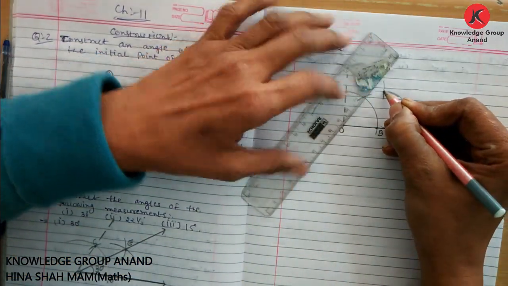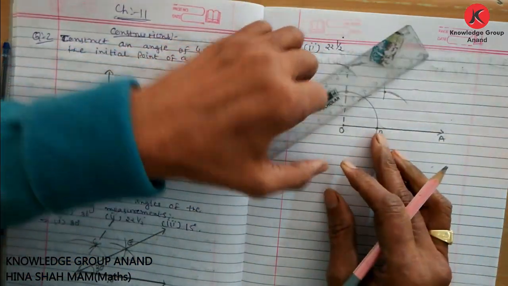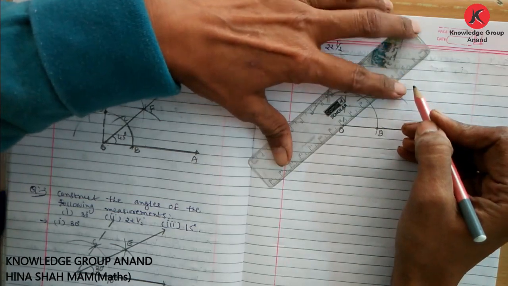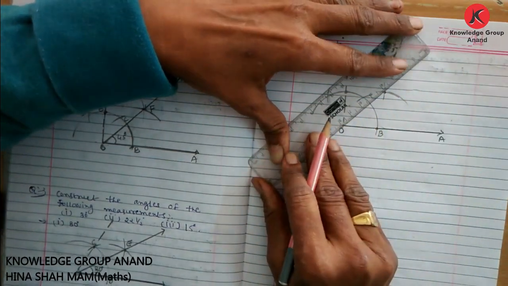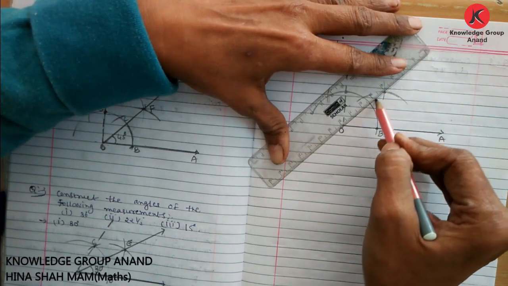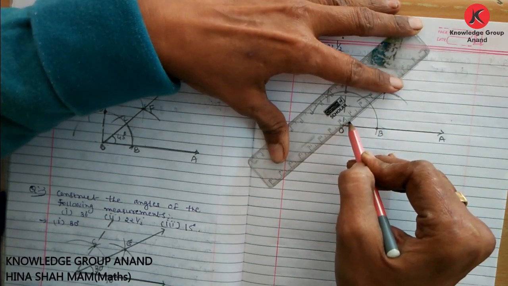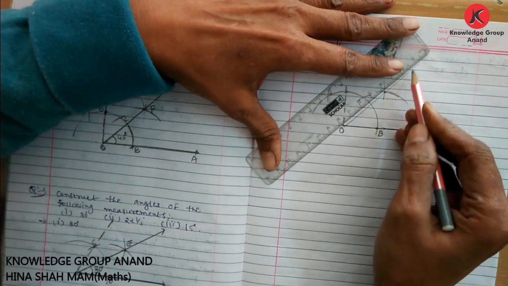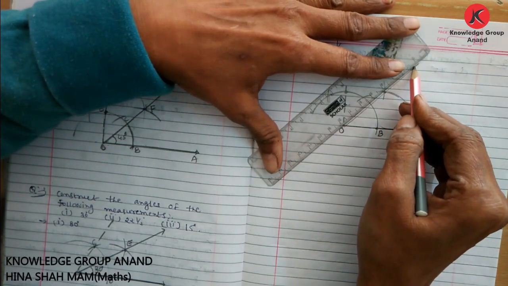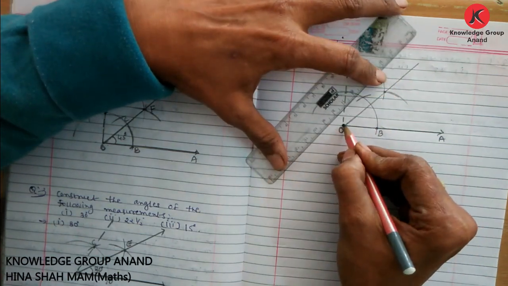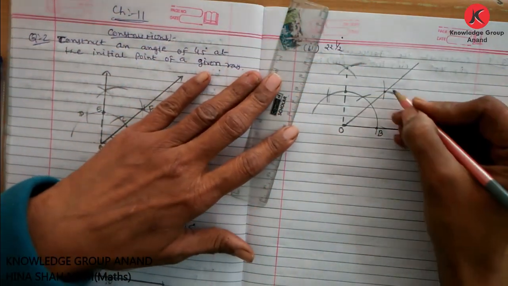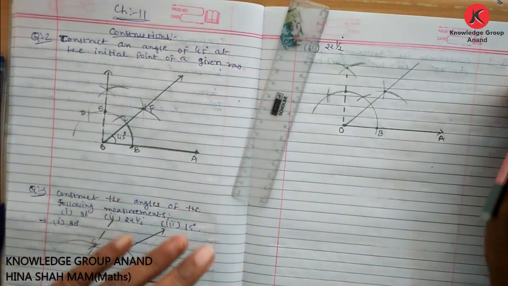Here also we draw a dotted line. It is a 45 degree angle. Draw it as a dotted line or light line. It is 45.